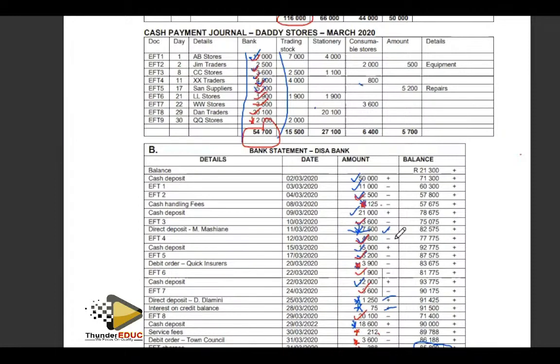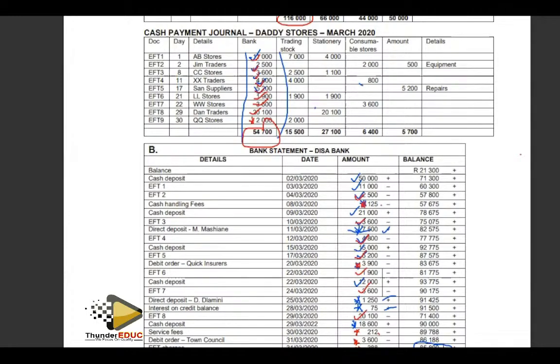We get one total and then we record one amount. We don't add, I'm going to show you. So we are going to add 125 plus only the bank charges. Service fees was plus 212 plus 388. So I'm getting 725.